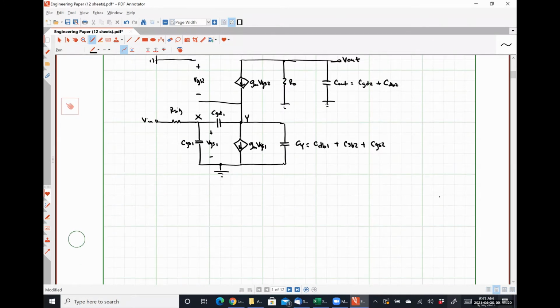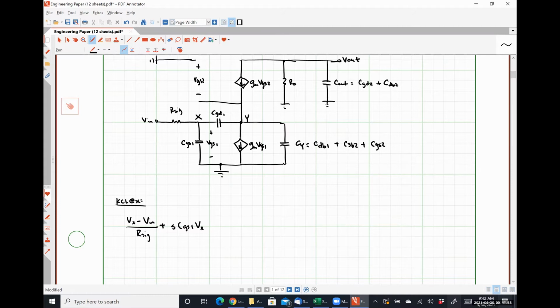So let's start at node X. We would have Vx minus Vn divided by R sig plus s CGS1 Vx, because we can see by inspection that VGS1 is exactly equal to Vx.